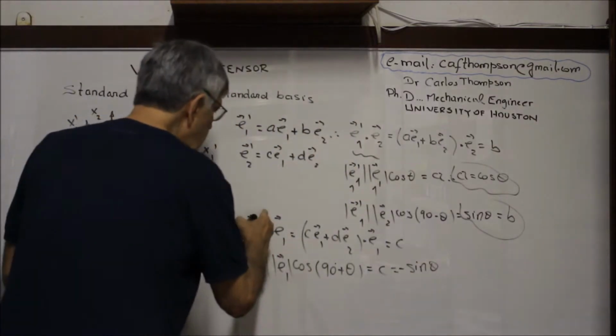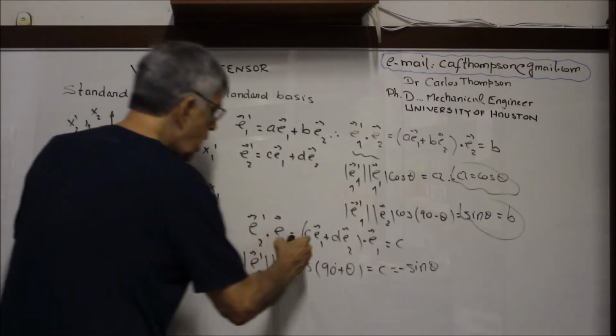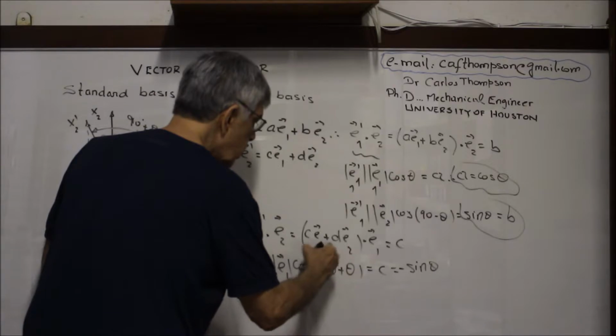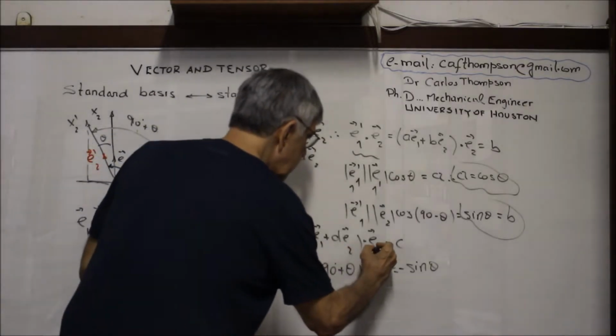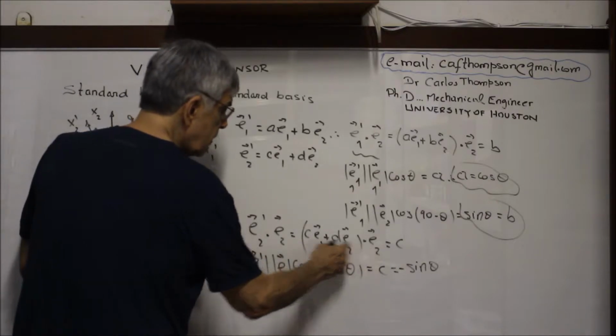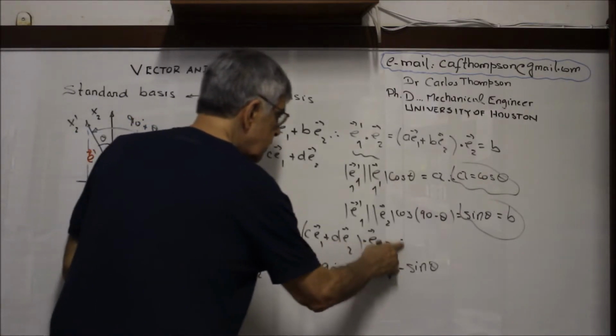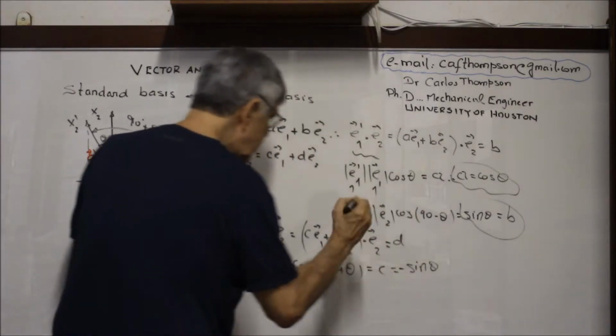Now, E2 prime with E2: C E1 plus D E2 dot E2. So these are going to have D, because E1 dot E2 is 0, so this is equal to D. Quite easy.